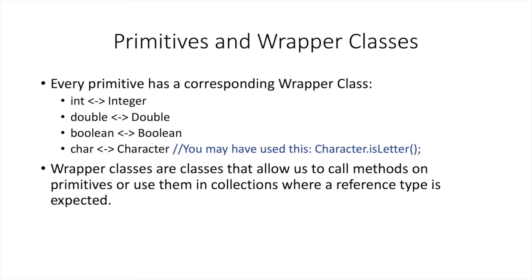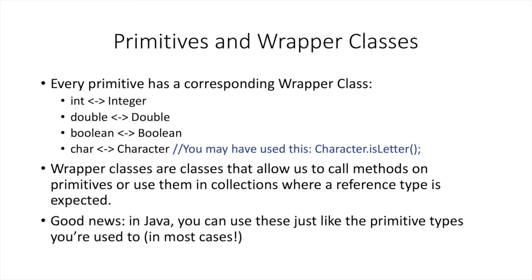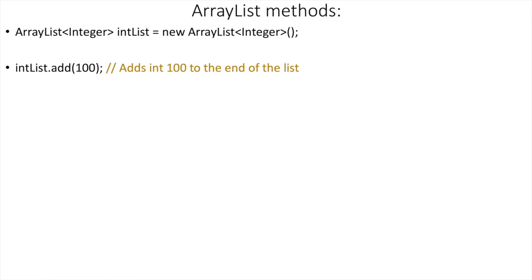Now the good news is, when working with wrapper classes, the syntax can be a little unique, but Java has overloaded a lot of different functions so that we can often work with them just like we're used to working with primitive types. So here's an example where I have created an array list of type Integer. Note again, I could not put int in there, so I put Integer, but I've named it intList.